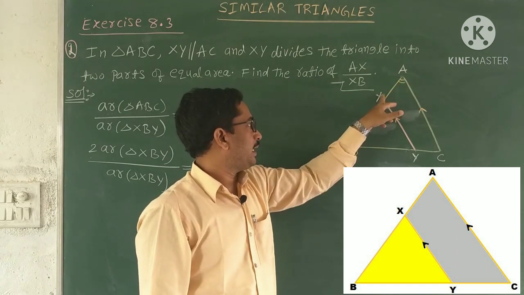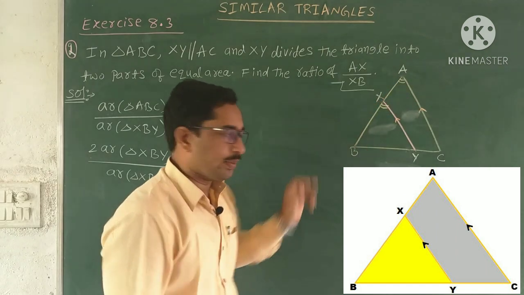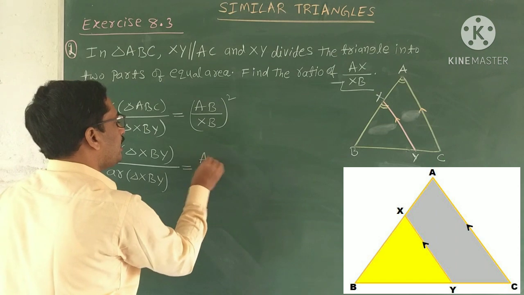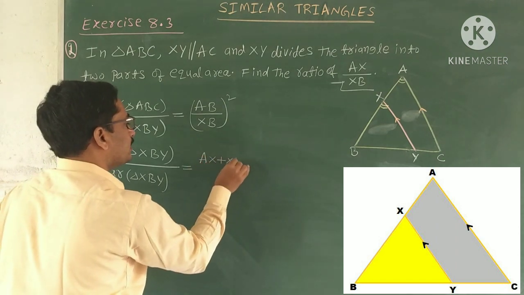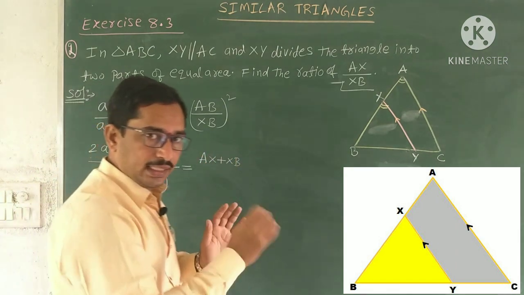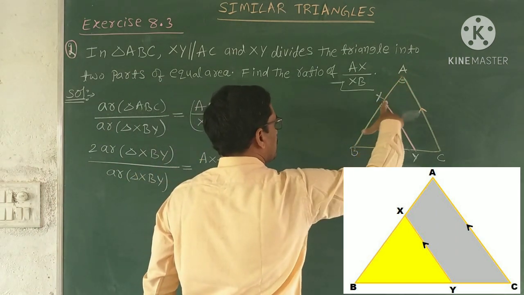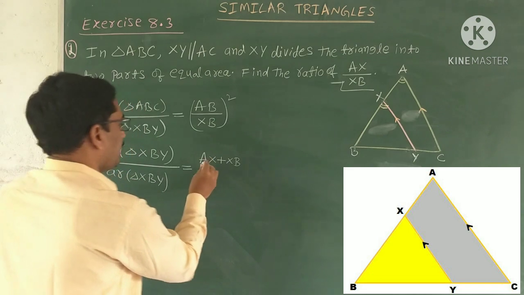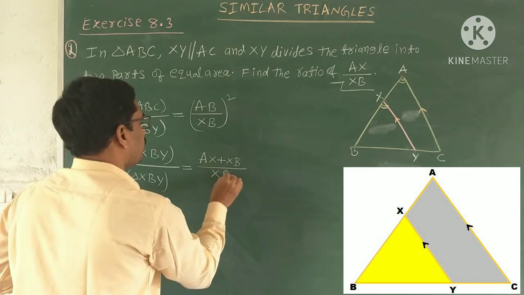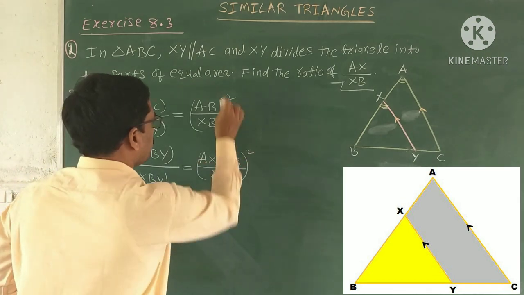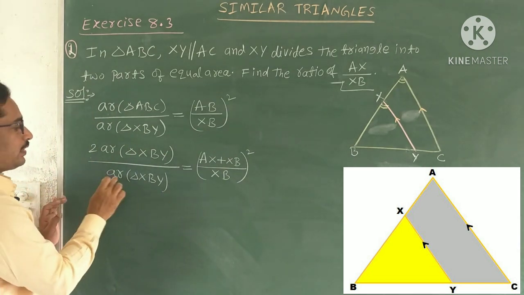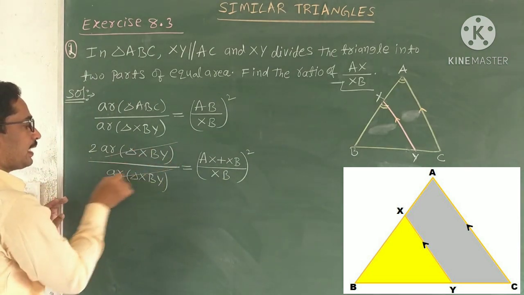AB is written as AX plus XB, so AX plus XB by XB whole square. Area of triangle XBY cancels.